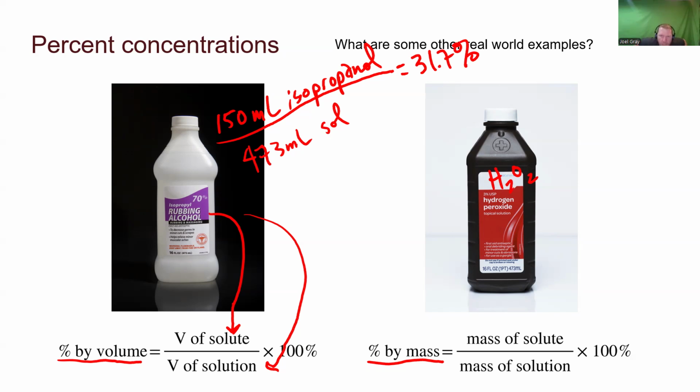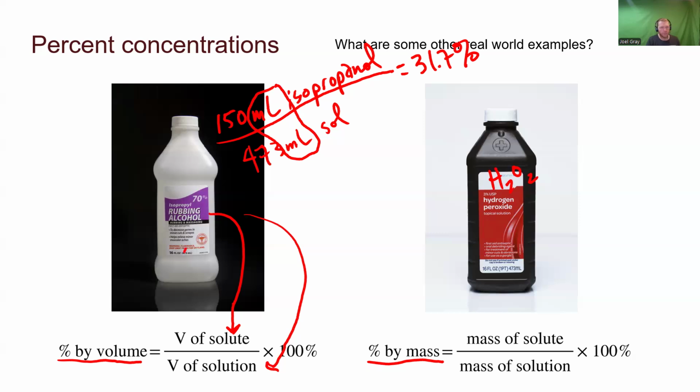So the way that you would see this in a question would be something like, hey, oh, that's a great question. Now, what I did but didn't explicitly say is I matched my units: the 150 milliliters versus the 473, milliliters over milliliters.